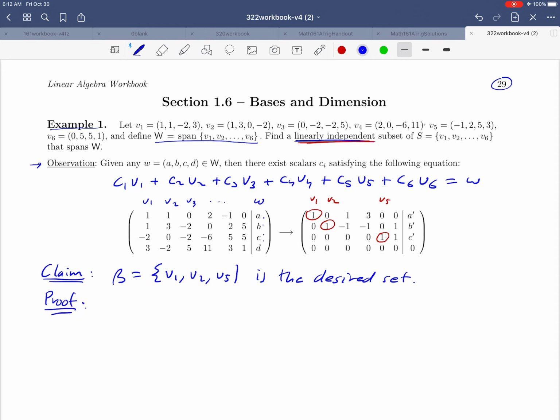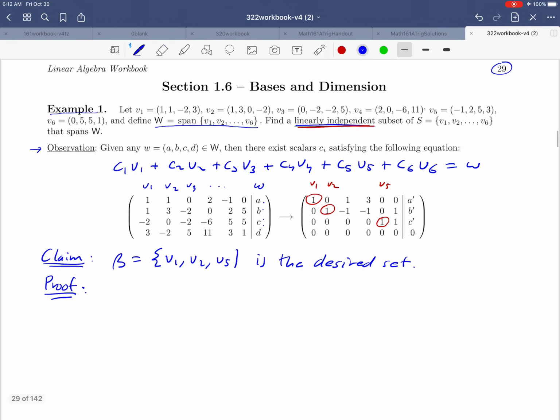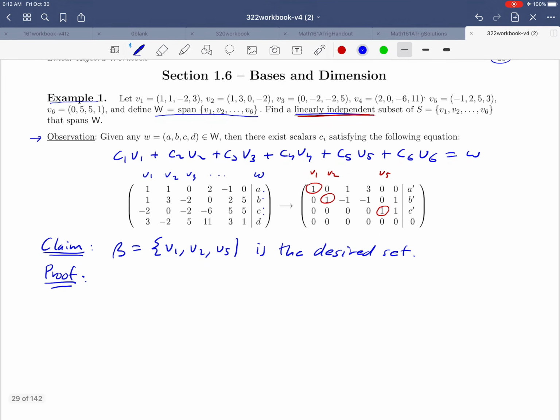By saying that this is the desired set, we are saying that beta has 2 properties, that it's linearly independent and that it still spans the subspace W that we're talking about. So here comes the proof. What we're going to do first is imagine taking the big matrix that we started with and delete columns 3, 4, and 6. Those are the columns that don't have pivot positions. Okay, let's write that down.